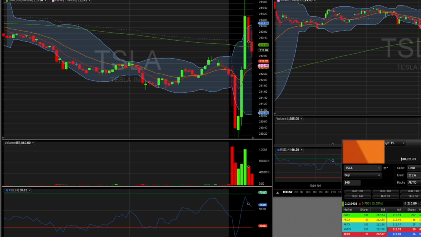It's pulling back finally. It looks like it's holding that. Yeah, it bounced right off of that 212.80. But the VWAP is really what I'm looking at, which is 212.50. Let's see if it can hold VWAP.